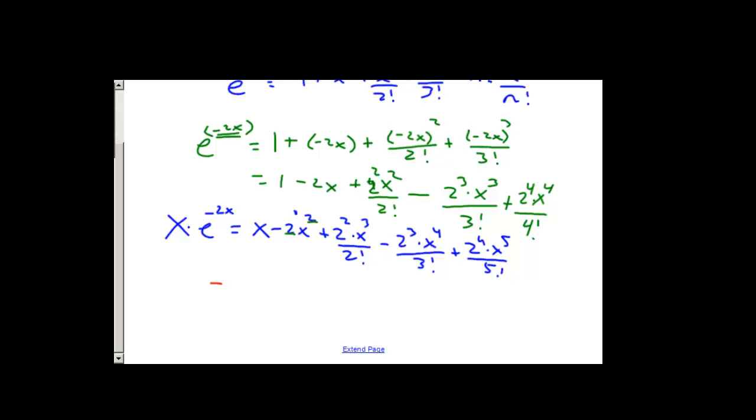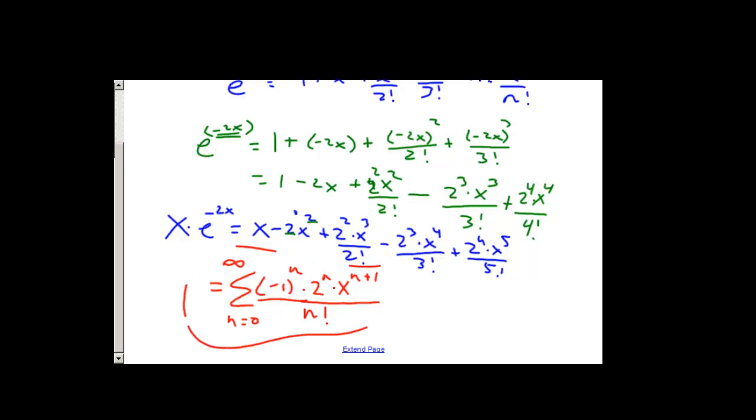This would equal the sum from n equals 0 to infinity of negative 1 to the n, and that's to take care of the alternating, times 2 to the n times x to the n plus 1 all over n factorial.